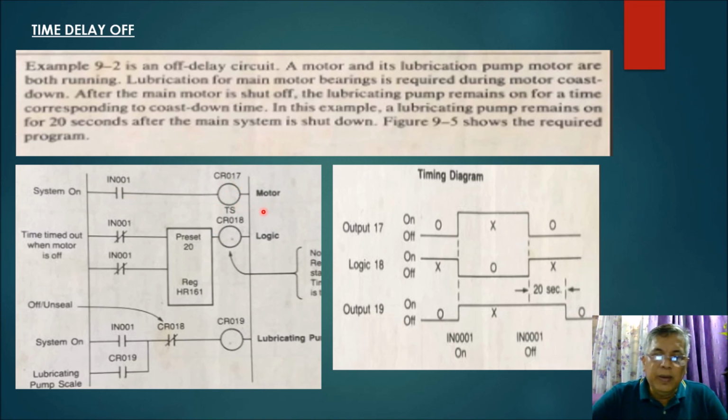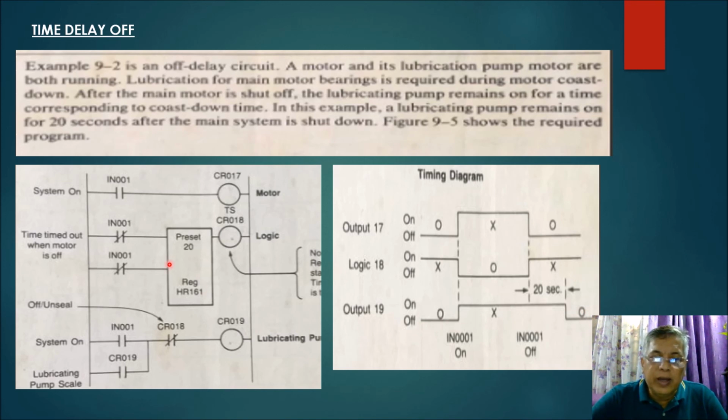Now, even if CR017 is turned off, your CR019 will still be energized. Why? Because even if this is open now, this one here was sealed earlier, so the current will still be flowing towards your lubricating pump motor. So your lubricating pump motor will still be turned on.